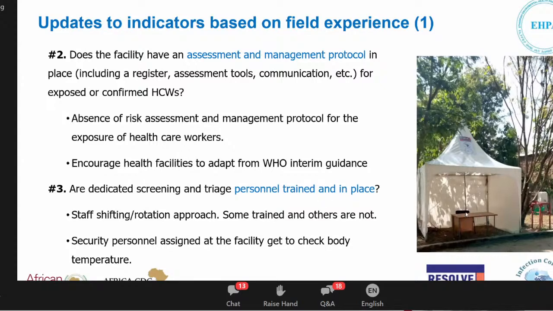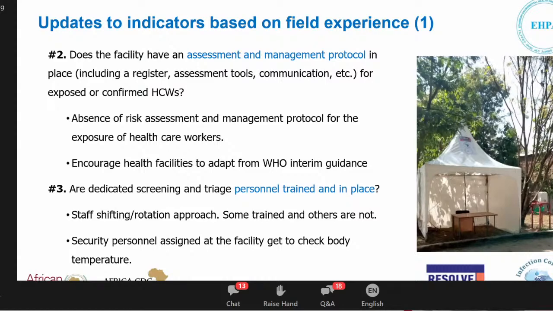So unless we have a dedicated trained and dedicated staff in this triage, it is going to be challenging. So the challenge is not in relation to the indicator, rather the overall country program, like shifting or rotation.